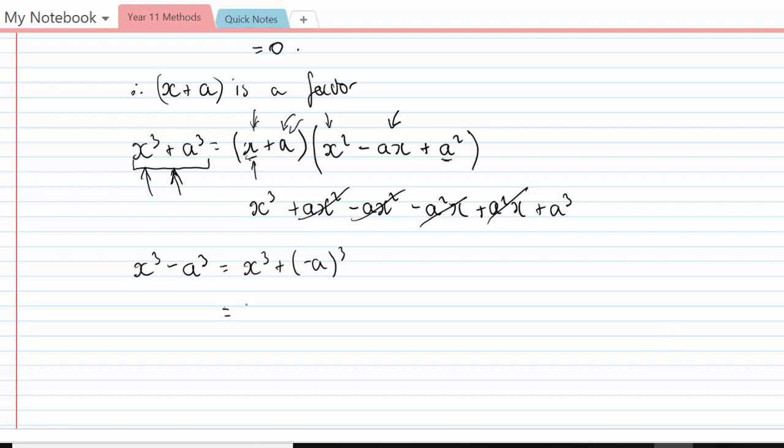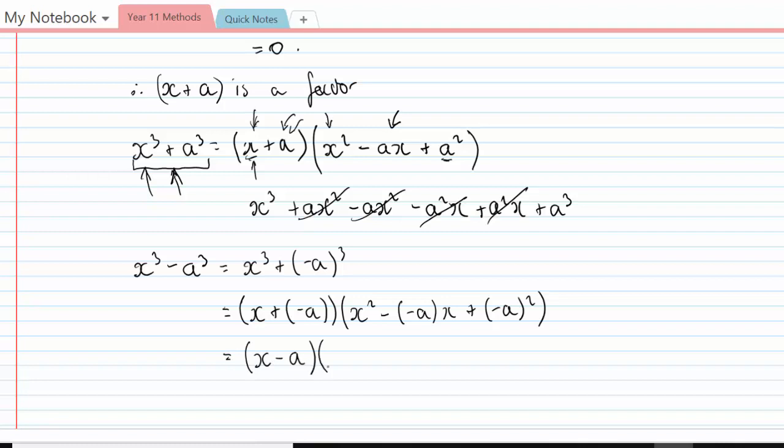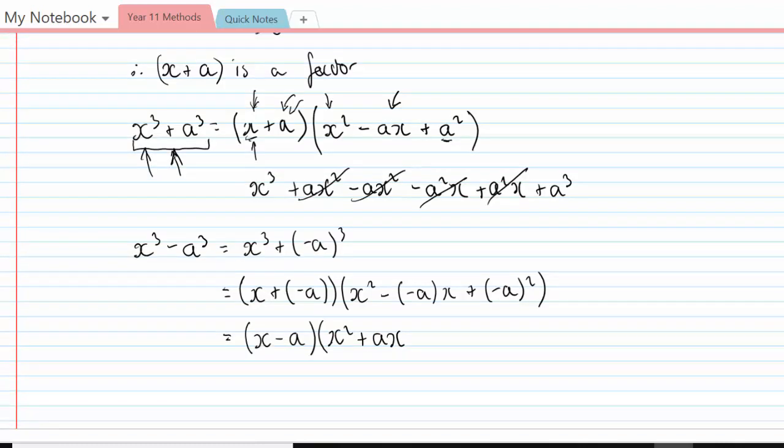If I substitute that into the rule, I'm going to have x plus negative a, and then x squared minus negative a times x plus negative a squared. If I simplify that, that becomes x minus a, and then x squared plus ax, because minus minus makes a plus, and then negative a all squared makes plus a squared. So very easy to develop that second rule there.